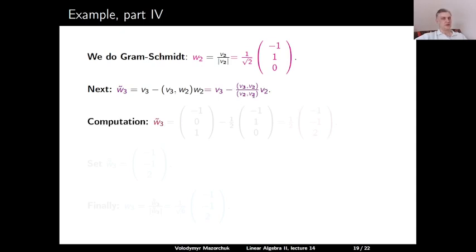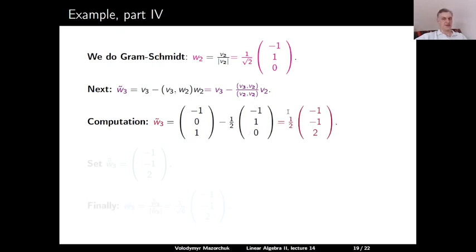So here is a computation. w3 tilde is (-1, 0, 1), this is v3, minus (-1, 1, 0), this is v2, and then the numerator, the scalar product between them, is 1, and the denominator we computed here, it's 2.